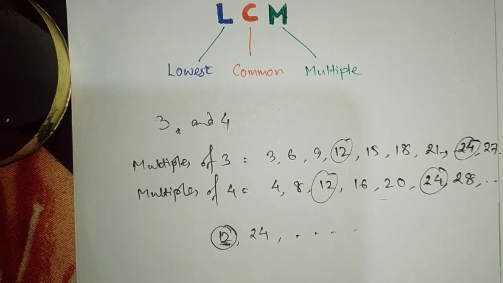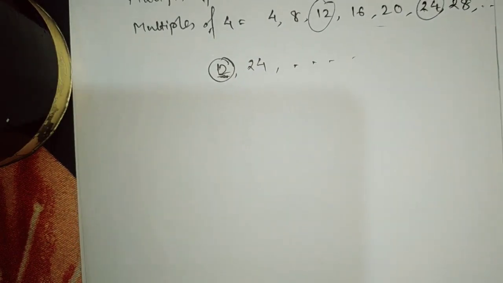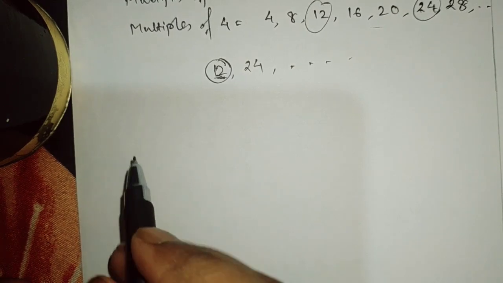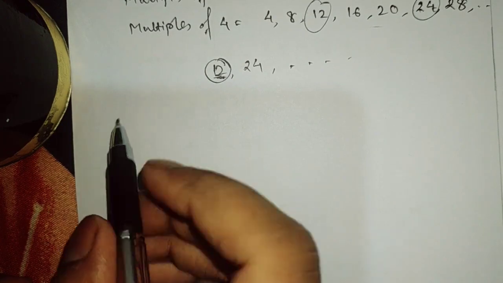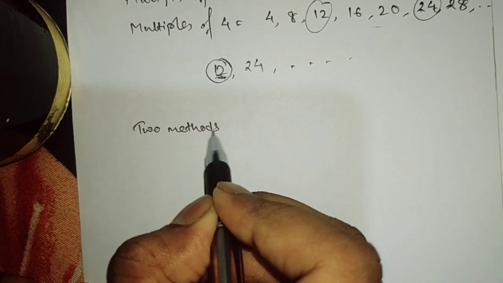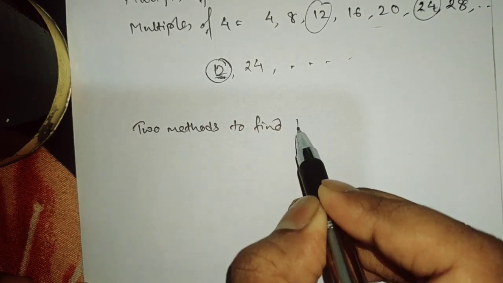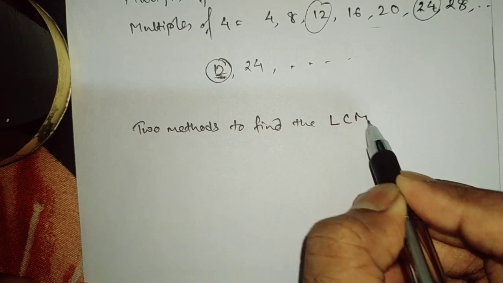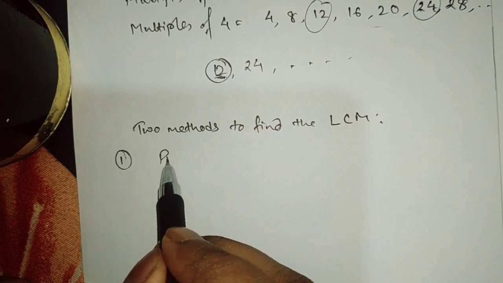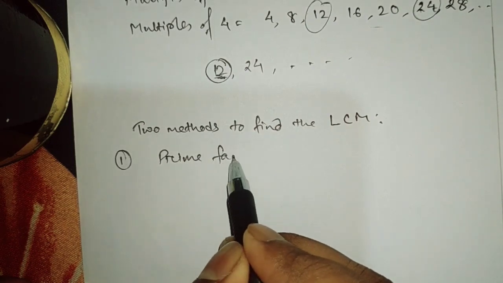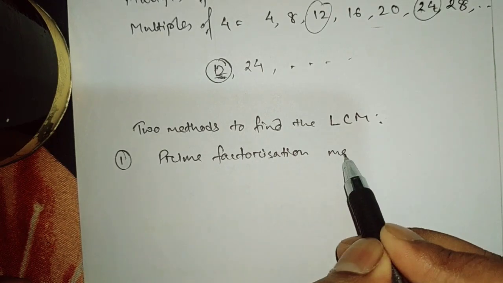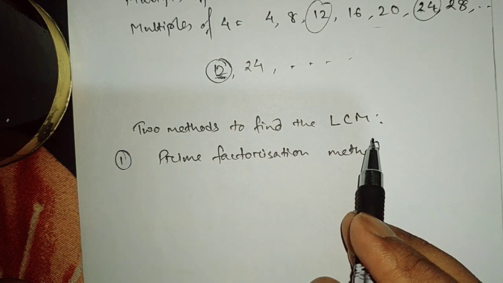Now, if two numbers are given and we are to find the LCM, we have two methods. The first one is prime factorization.